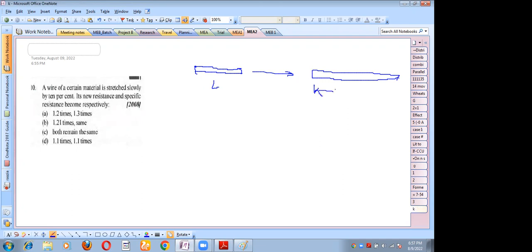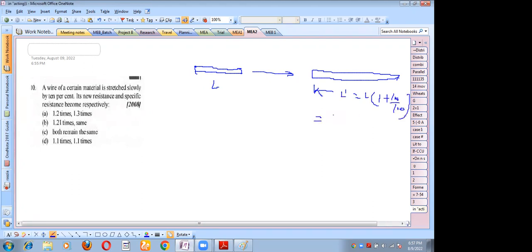New length L dash is L into 1 plus 10 by 100, that is L into 1 plus 1 by 10. So it becomes 11 by 10 L, the new length.